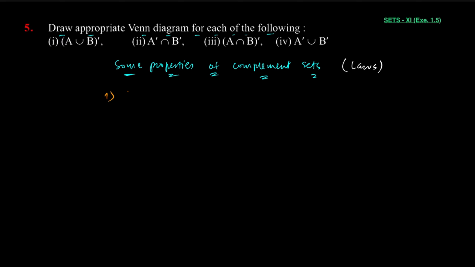Number 1, complement laws. First one is A union A complement is equal to universal set, and second law is A intersection A complement is an empty set.